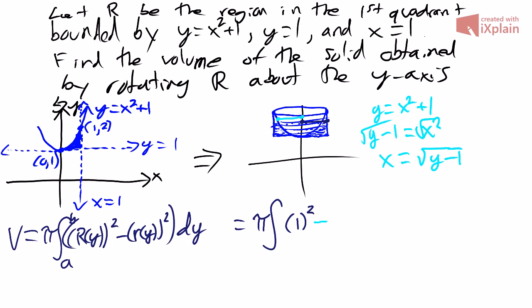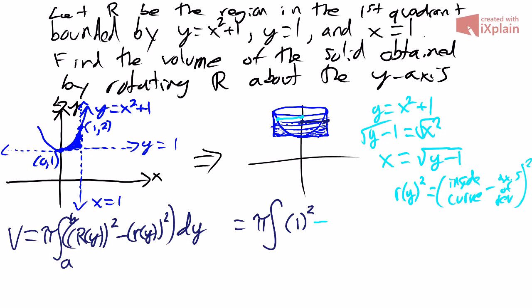Remember, the formula for small r of y squared is the inside curve minus the axis of revolution, squared, and capital R of y is the outside curve minus the axis of revolution, squared.